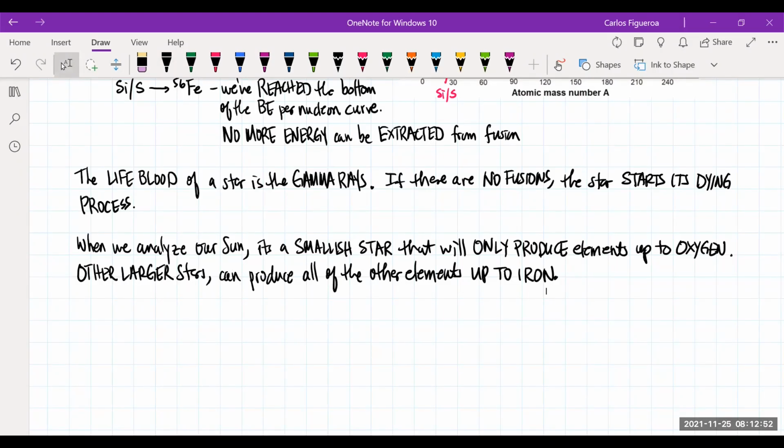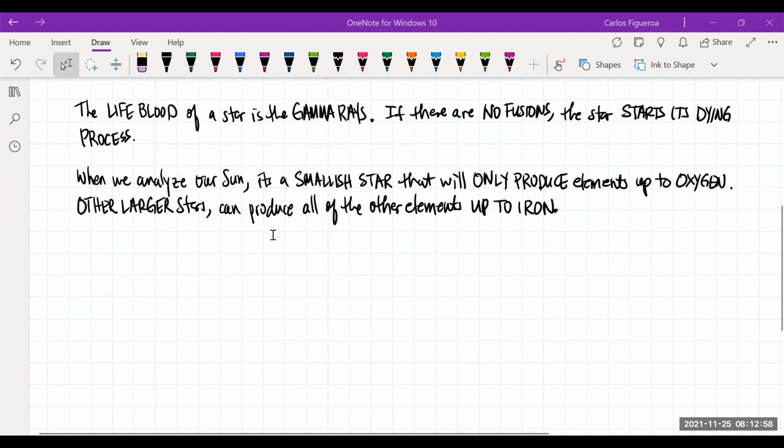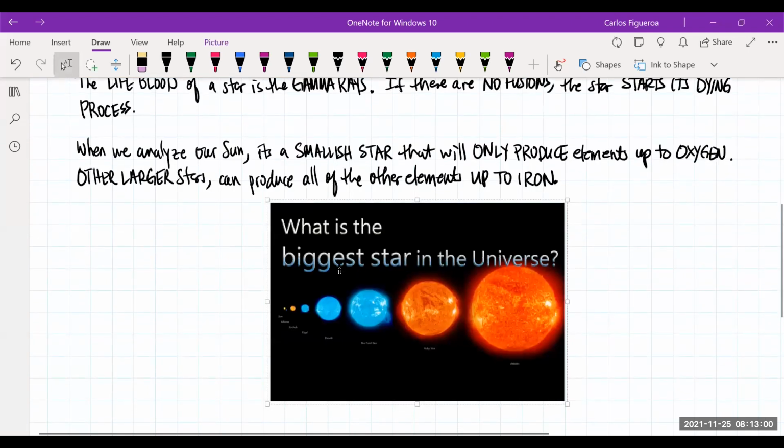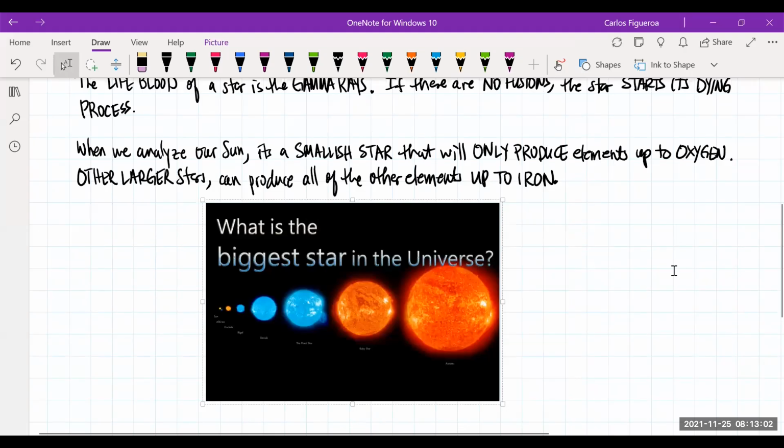So the question is, what do I mean by other bigger stars? So here's what you find. When you start to compare stars, this is the sun right here. The sun is this little tiny speck.